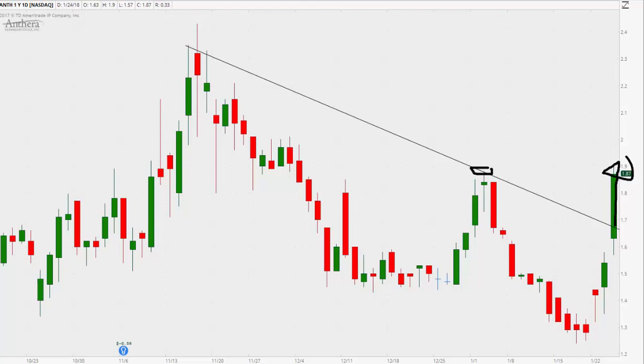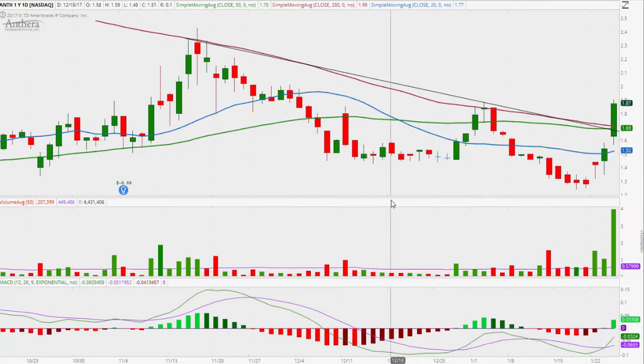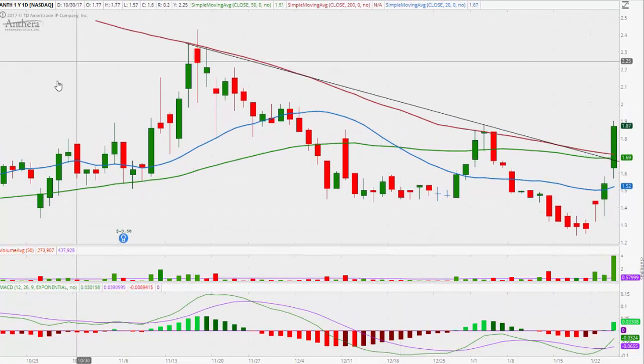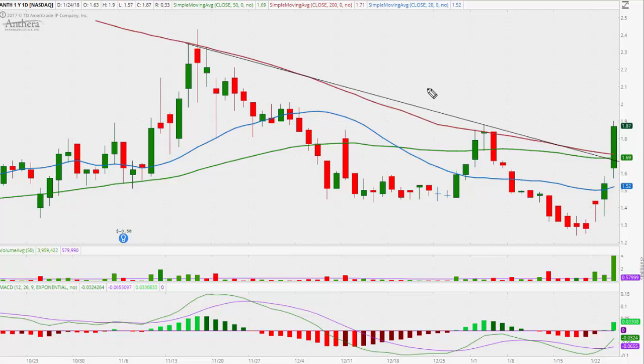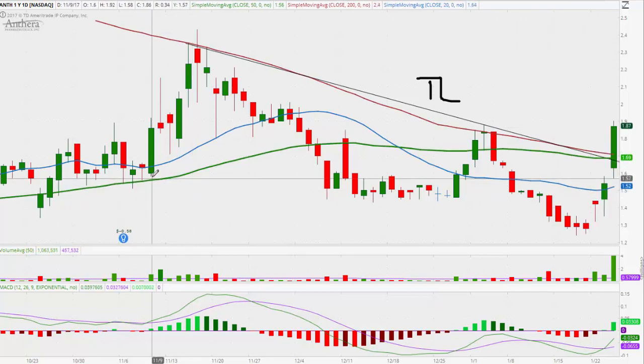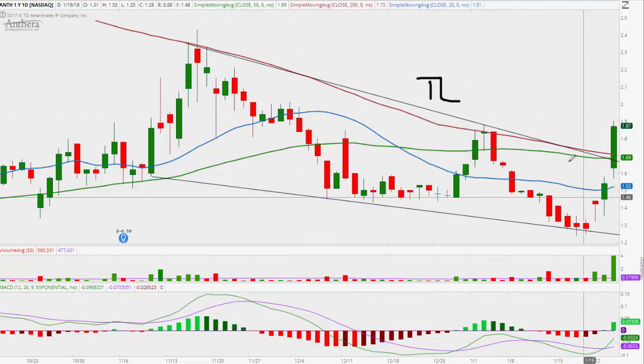All right, now if we want to load up volume, if we want to load up technical indicators, we can. That just overcomplicates it a little bit for a fairly simple webinar here of how to draw trend lines, but you can see that we cleared that resistance level, that downtrend line resistance, and technically, if we're bringing patterns into it, we got ourselves a falling wedge, right, which is a reversal pattern.